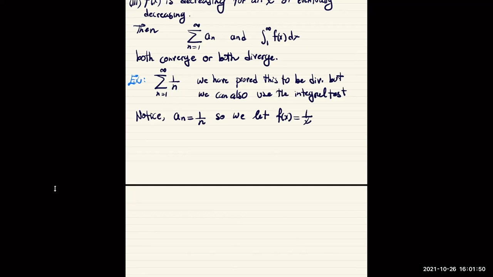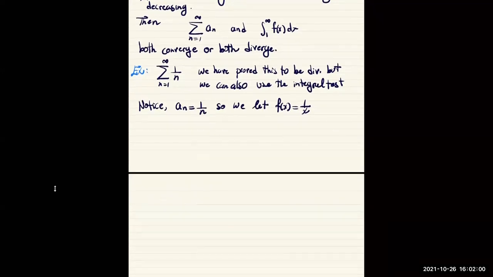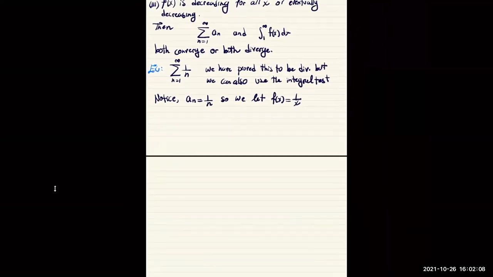X is used when the domain is an interval from 1 to infinity. Okay, a continuous interval. So call it 1 over x. If you just leave it as n, it's okay. I mean, who cares? Check the 3 requirements. Again, here n or x is greater or equal than 1, because here n begins at 1, goes to infinity. So we are on the interval from 1 to infinity here. Check the 3 requirements on that interval.